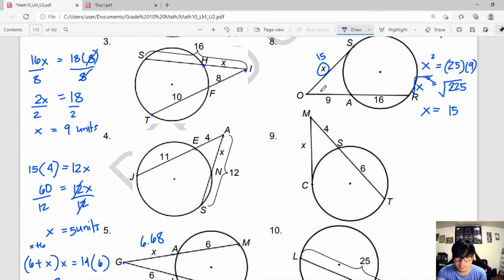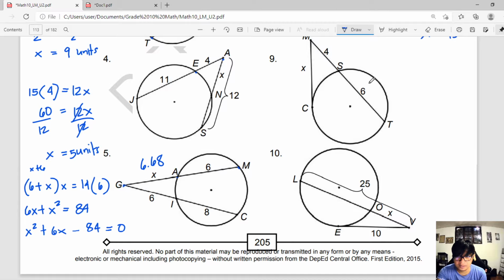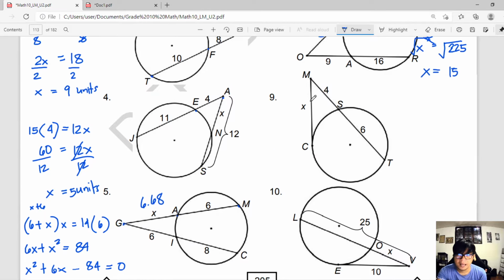Okay, so let's proceed with the other one. The measure, we use the same approach. So it becomes x squared, because we square the tangent line here. Then the total of m to t is 4 plus 6, that's 10, times the external secant segment, which is 4.